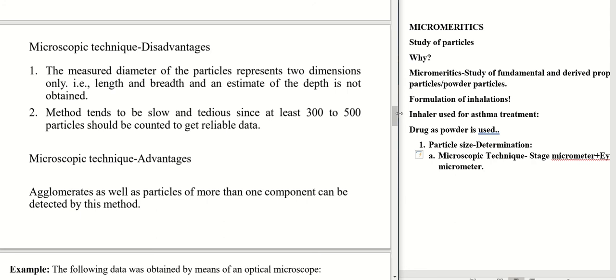This is a two-dimensional measurement technique. The most advantageous thing about this microscopic technique is that we can measure the particle size of each individual particle and also of groups of particles. Groups of particles, nothing but the agglomerates, can be easily known.